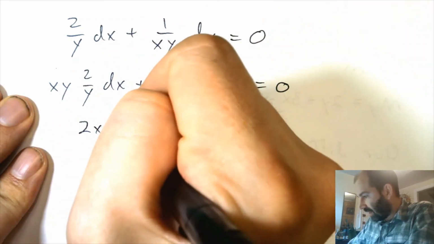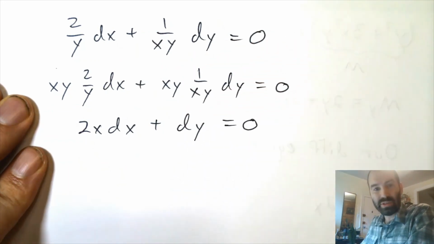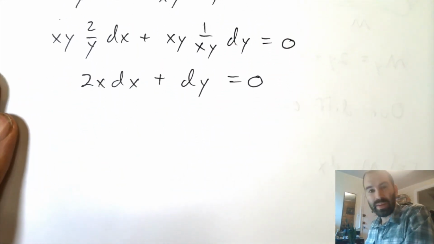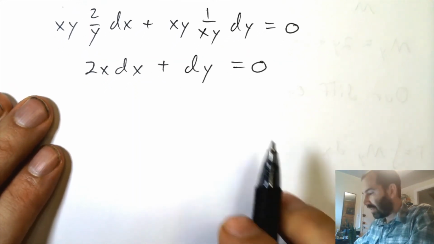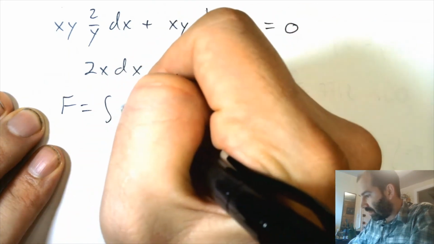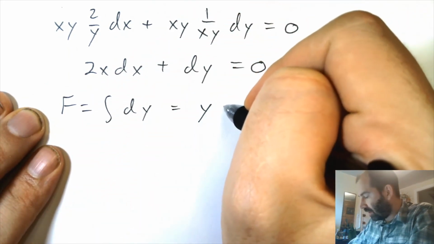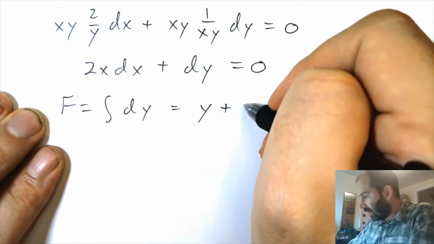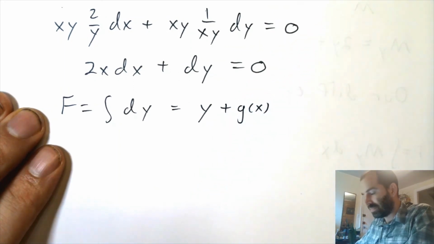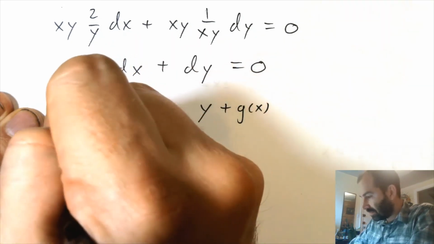We get 2x dx plus dy equals 0. And so now I need to find my f. I think the easiest way to get it would be to anti-differentiate this. So f is the antiderivative of dy. So that means f is y plus some function of x. And if I differentiate this with respect to x, I should get this.